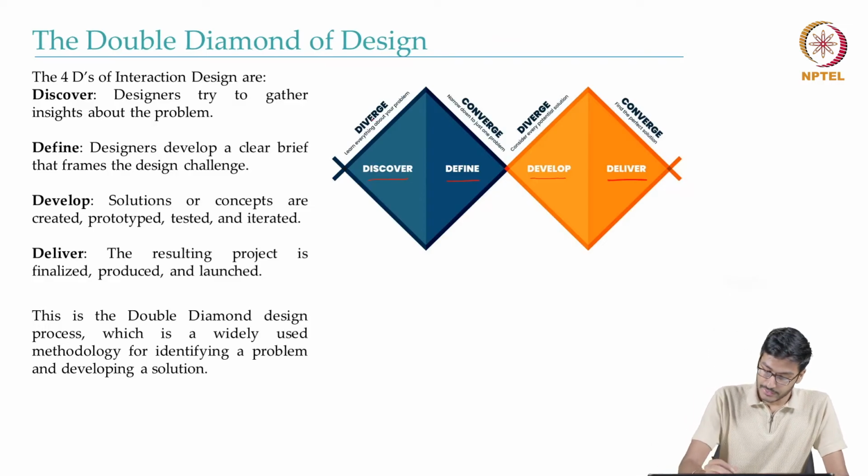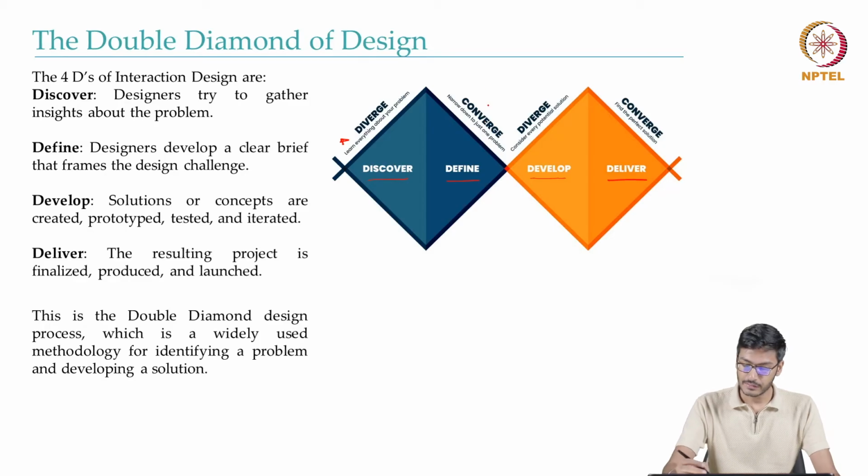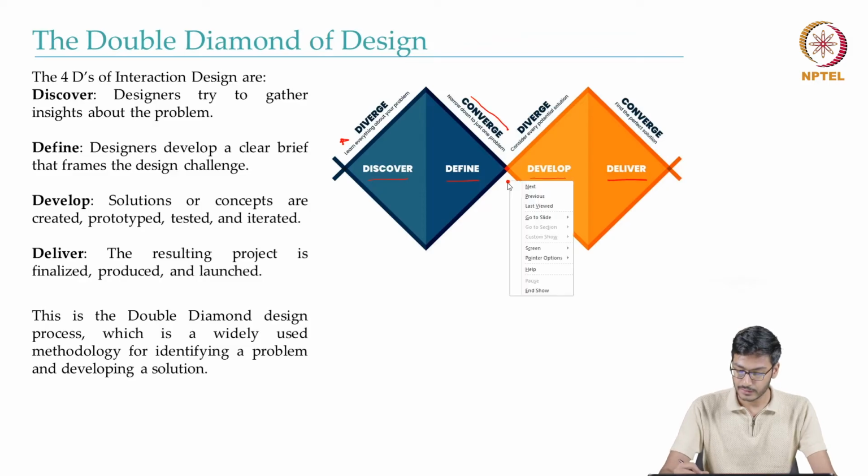As you see right here, we diverge here about learning about the problem, and we include various perspectives to ignore all the biases. And then we converge again to narrow down to one problem. And this is where we reach our problem.